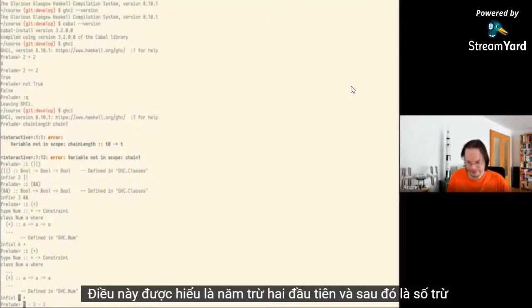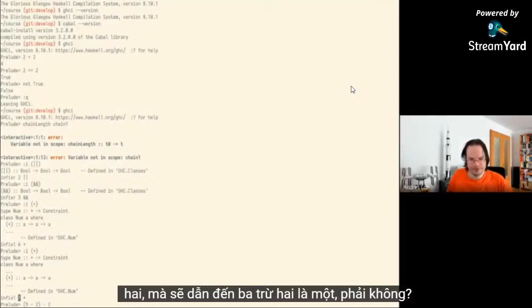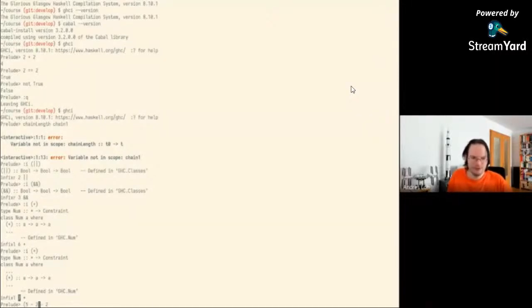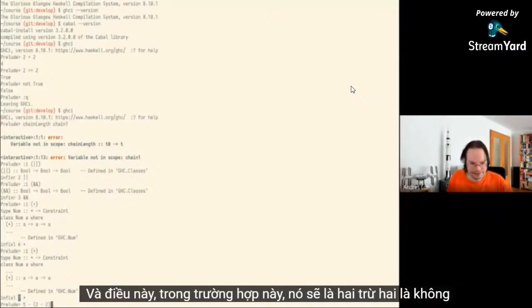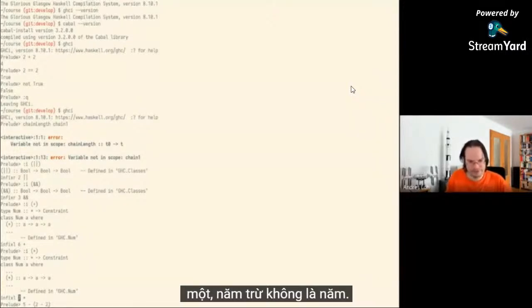Is this interpreted as 5 minus 2 first and then minus 2, which would result in 3 minus 2 being 1, right? Or is this interpreted as 5 minus and then 2 minus 2? In this case, it would be 2 minus 2 is 0 and 5 minus 0 is 5.